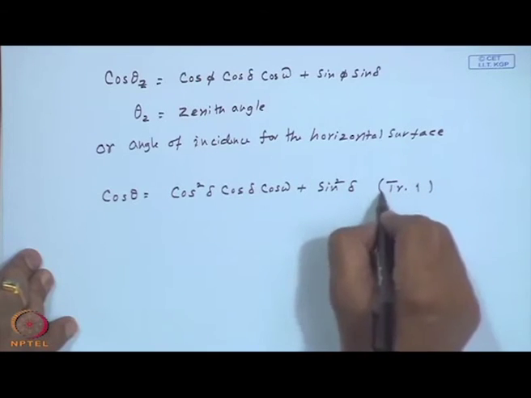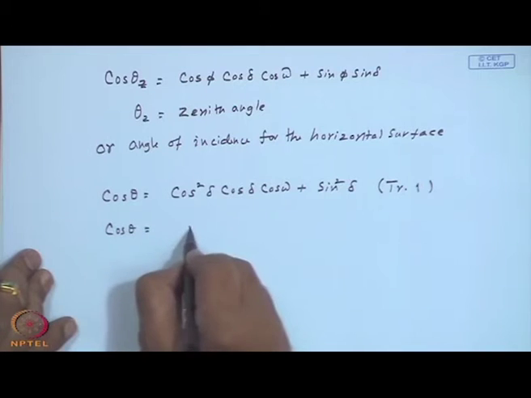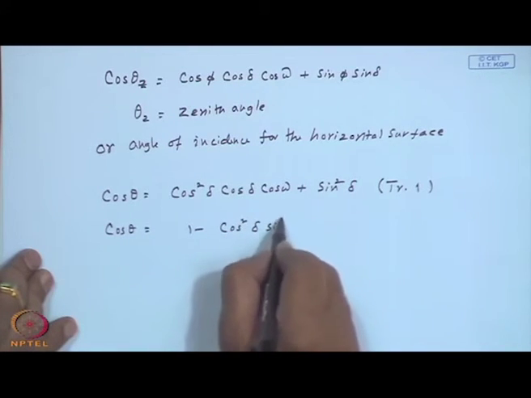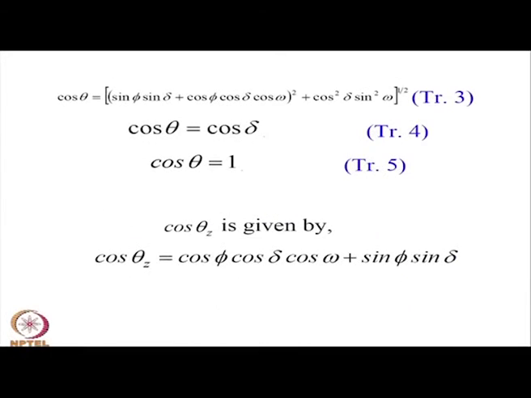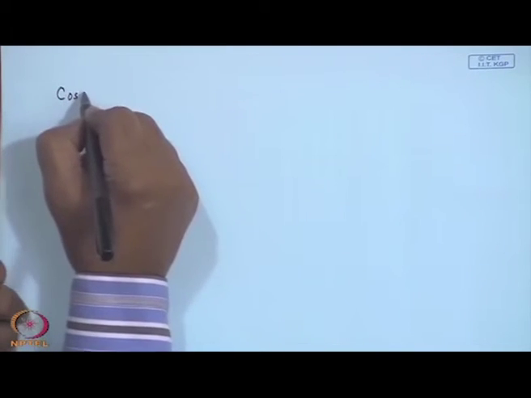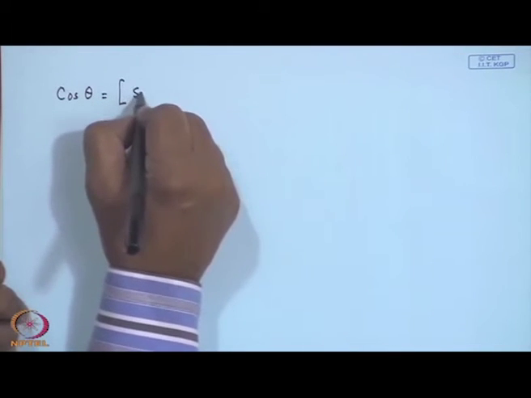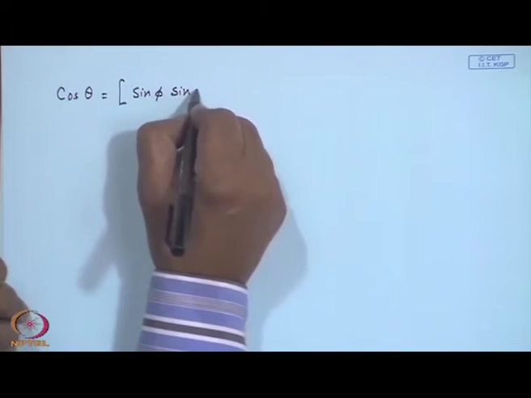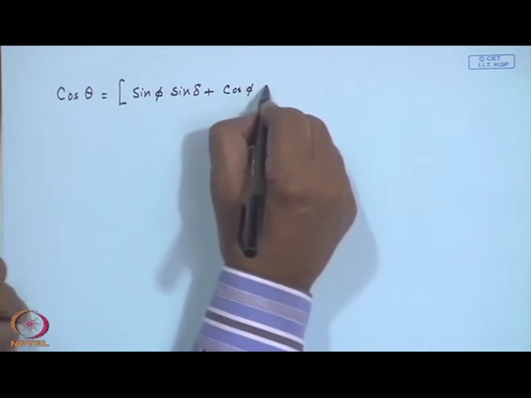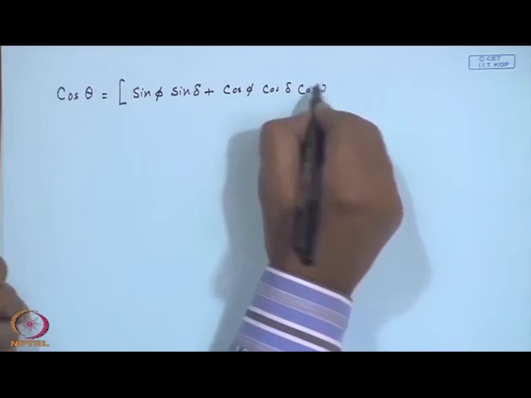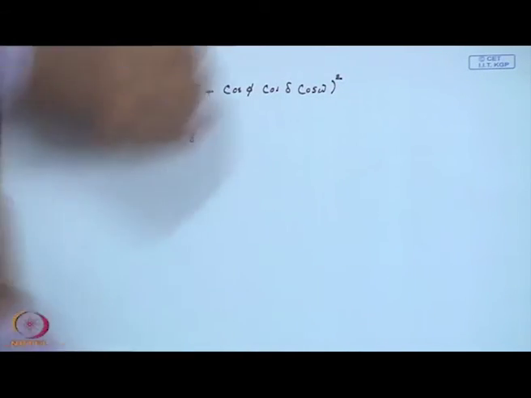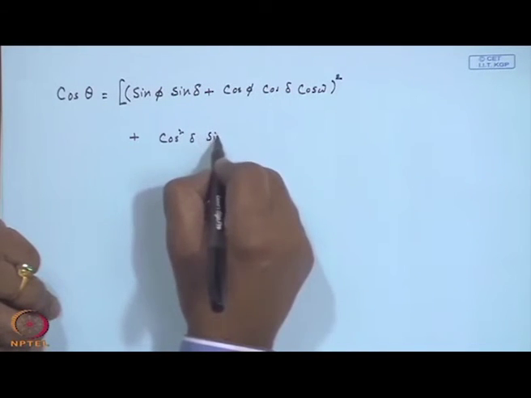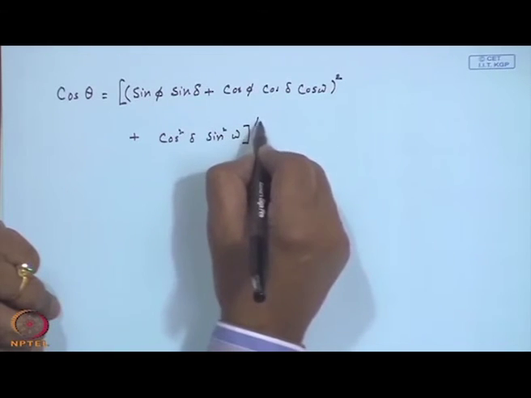So, this is tracking mode 1, and for mode 2, to the power 1/2, for tracking mode 3, sin phi sin delta plus cos phi cos delta cos omega, whole square, plus cos squared delta sin squared omega, whole to the power 1/2.